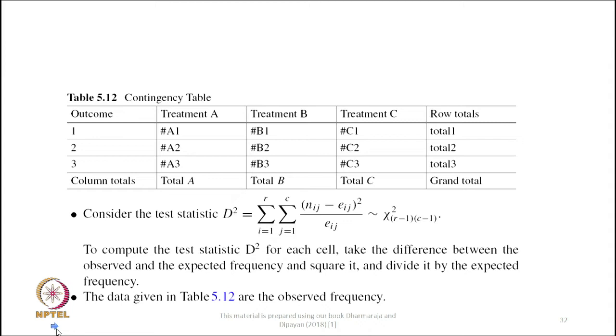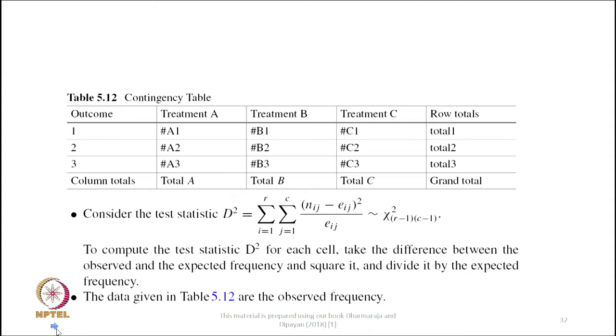Another example you can think of is students performing in some particular courses, marks versus attendance. You can ask whether marks and attendance are independent or not. That also can be concluded from a sample of size n.